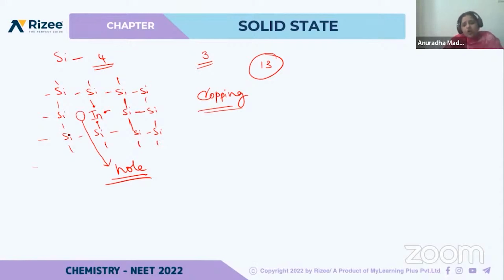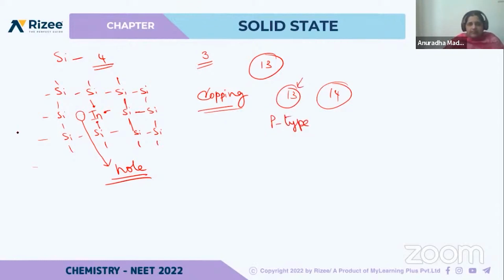Even at normal temperature, the electrons move very freely, and automatically a hole is formed here. This hole is positive because we are doping the group 14 element with a group 13 element as impurity. So this sort of semiconductor is P type.